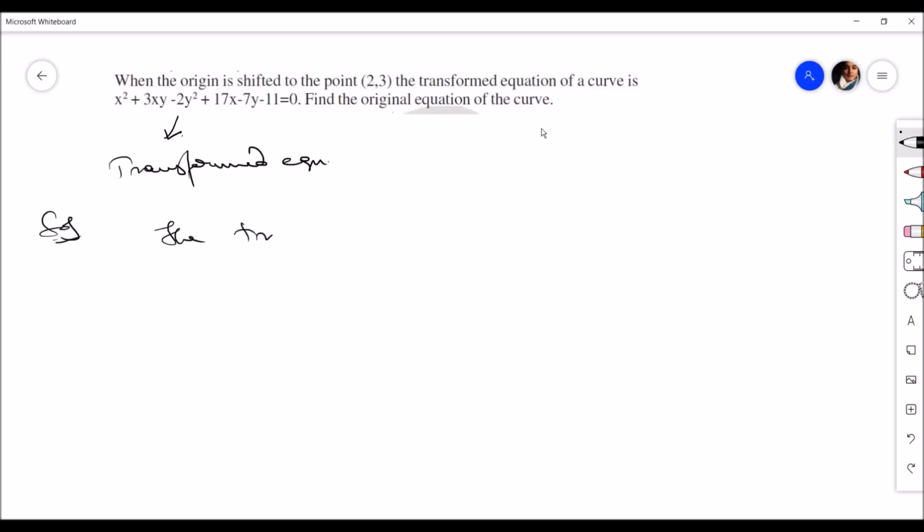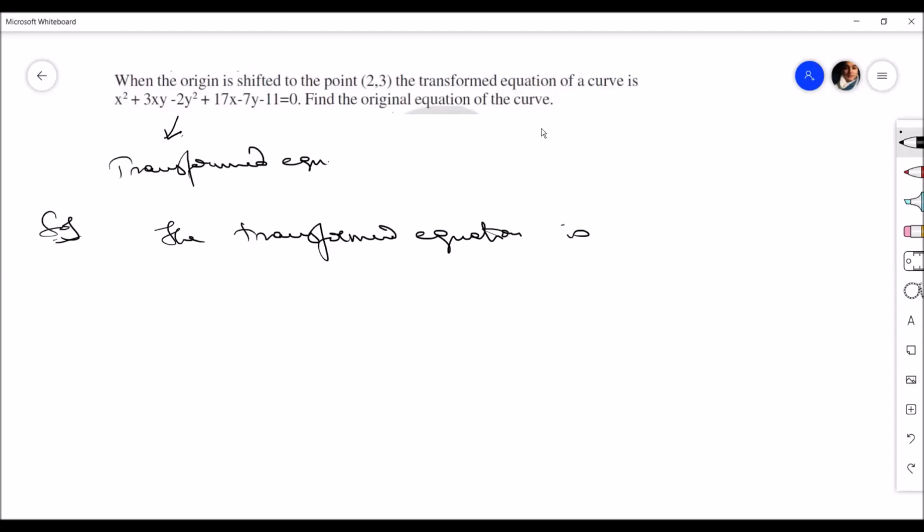So the transformed equation is, since it is the transformed equation, we know that this is the equation in the new system, not in the old system. Though in the question it is given in terms of small x and small y, I want you to visualize in terms of capital X and capital Y, because it is already mentioned that it is a transformed equation.